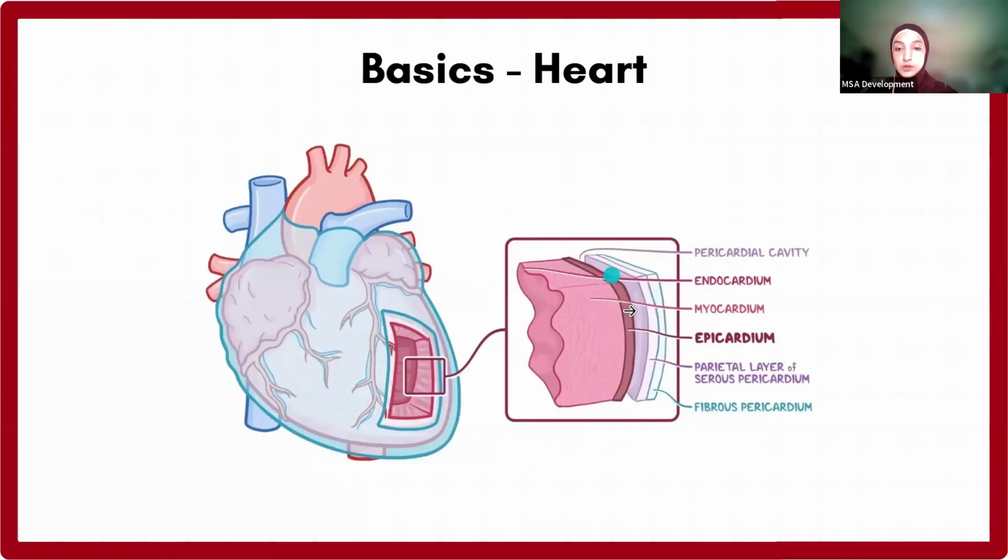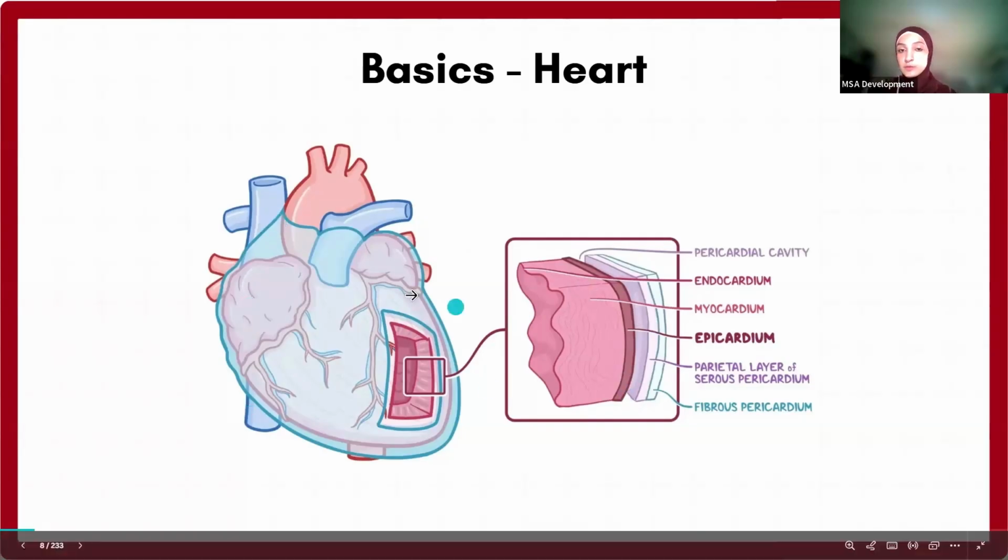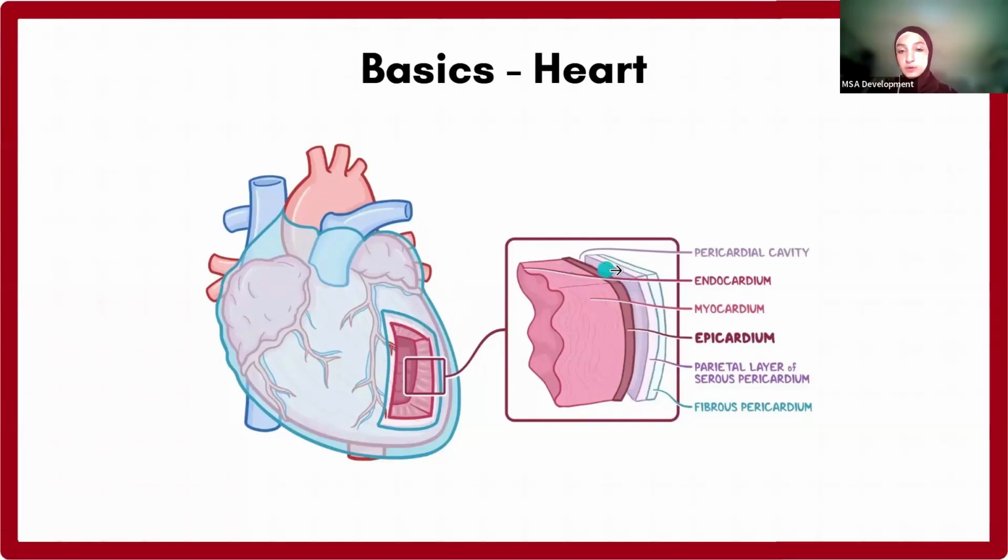The third layer is the epicardium, and this is the last layer before the covering of the heart, or the pericardium, comes in. Between the pericardium and the epicardium, we have the pericardial cavity, which is filled with fluid, and this fluid helps with friction and protecting the heart and so on.